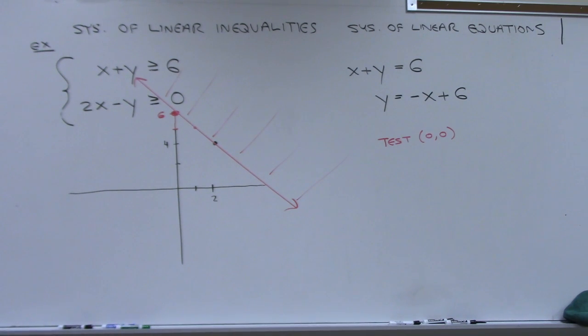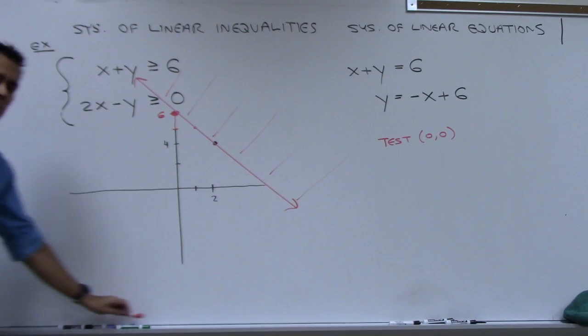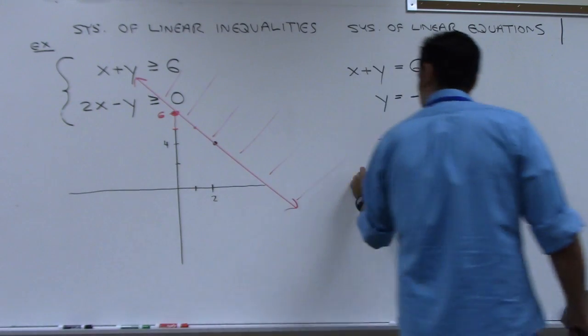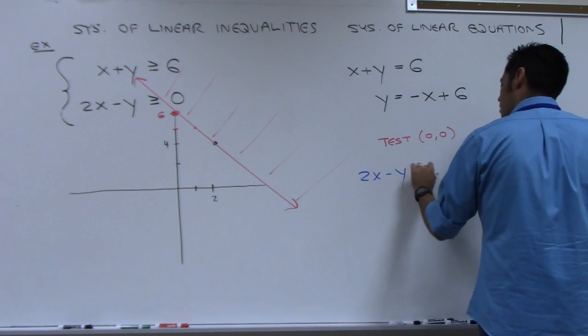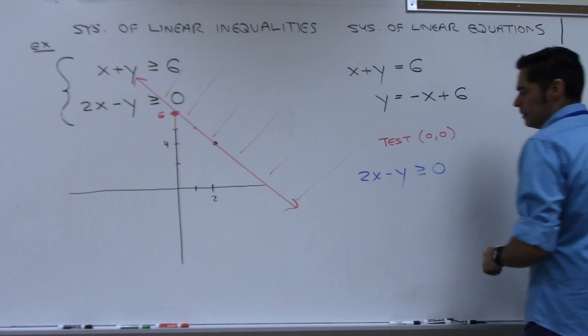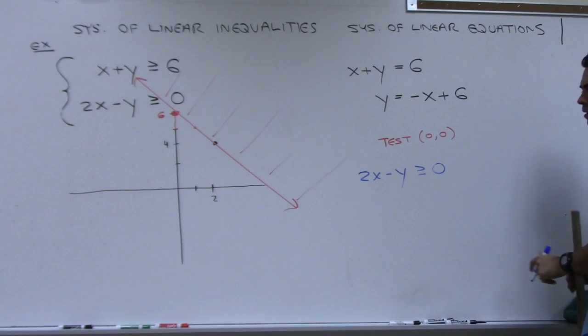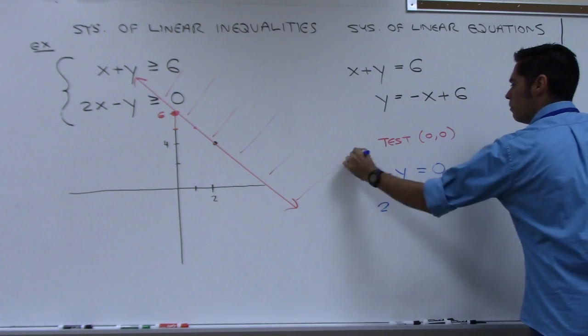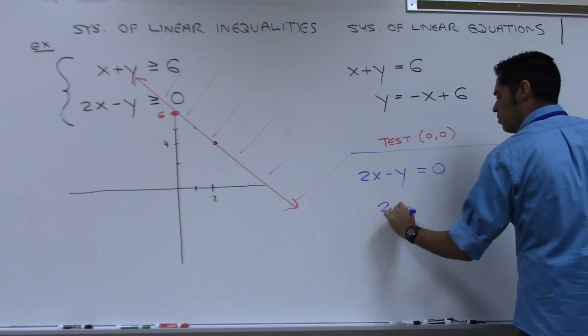And now I go through and I do the other linear inequality. Any questions? Good? The other one, 2x minus y is greater than or equal to 0, right? Sorry, change it to an equal. This is 2x equals y.